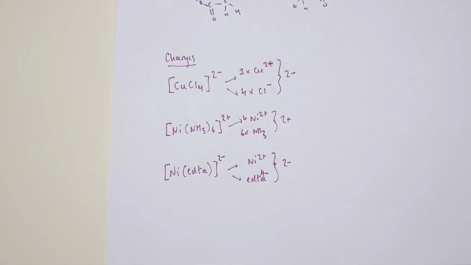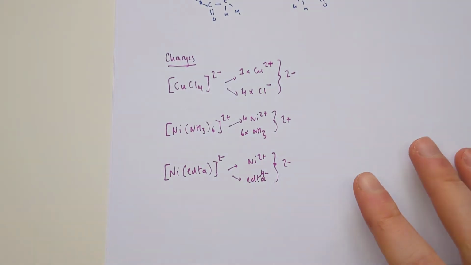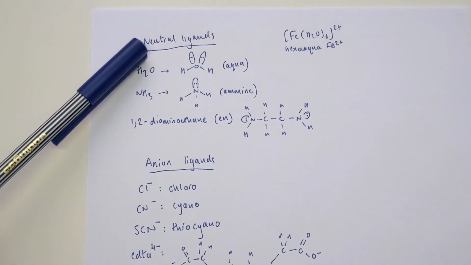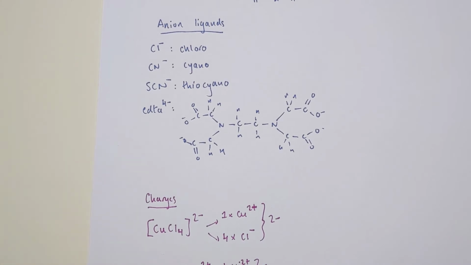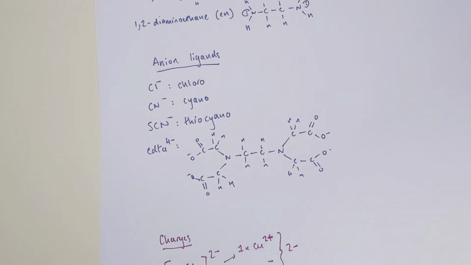So we've looked at one way you can categorize ligands in 2 different groups. They can be neutral with just a lone pair or negatively charged with a lone pair. There's one other type of categorization you can give to ligands and how they attach themselves with coordinate bonds to metal ions, and it's the number of coordinate bonds they can form. So this next categorization is known as how dentate they are, which sounds quite strange.